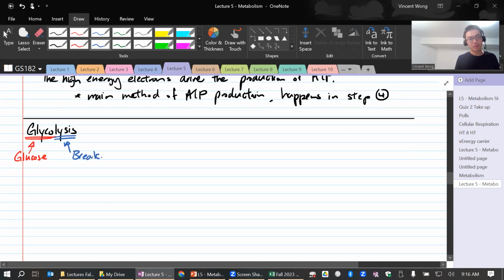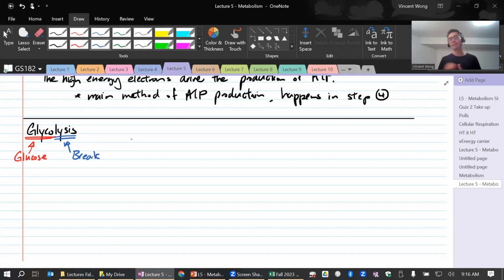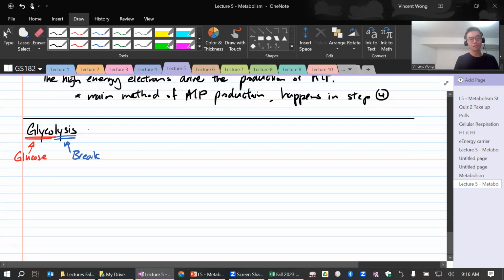When you put an animal cell in a hypotonic solution, lysis, swell and break, burst. So glycolysis involves splitting glucose into 2 pyruvate molecules.